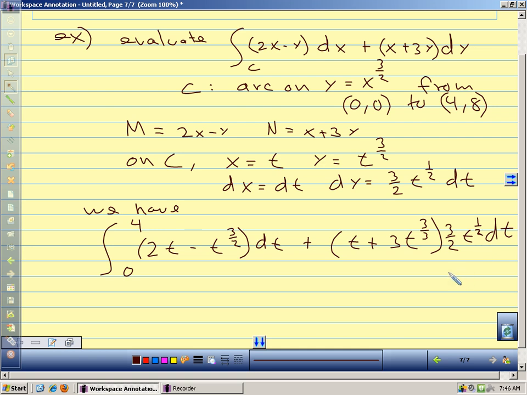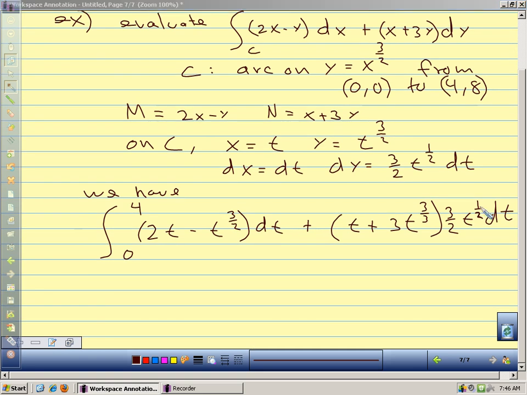We end up with just polynomials to integrate here. So this is an easy integral to evaluate. When we evaluate this, we get 592 over 5.